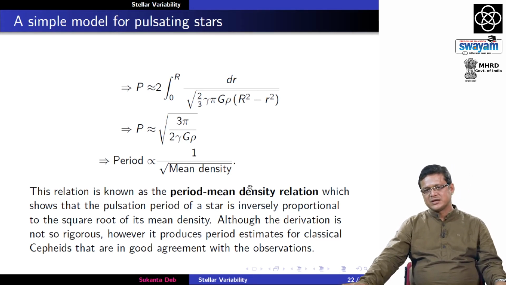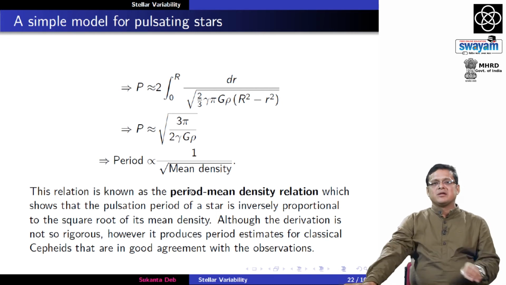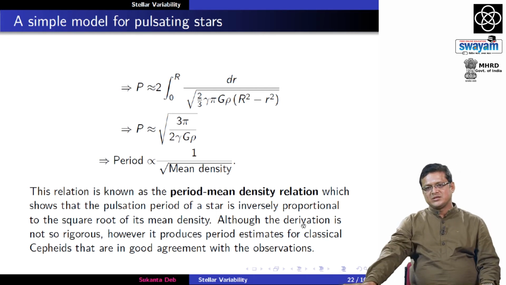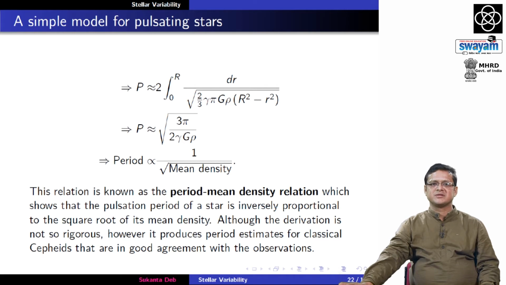It goes inversely as the square root of the mean density. This relation is known as the period mean density relation, and it shows that the pulsation period of a star is inversely proportional to the square root of its mean density. Although the derivation is not so rigorous, however, it produces period estimates for classical Cepheids that are in good agreement with the observations.